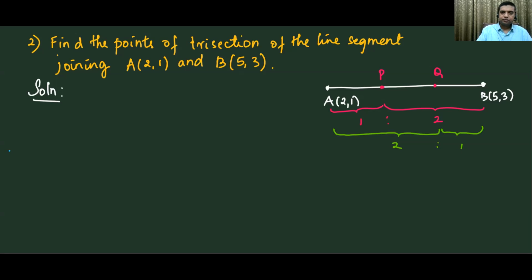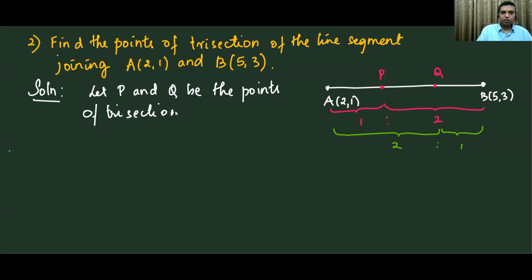So now let P and Q be the points of trisection of AB.